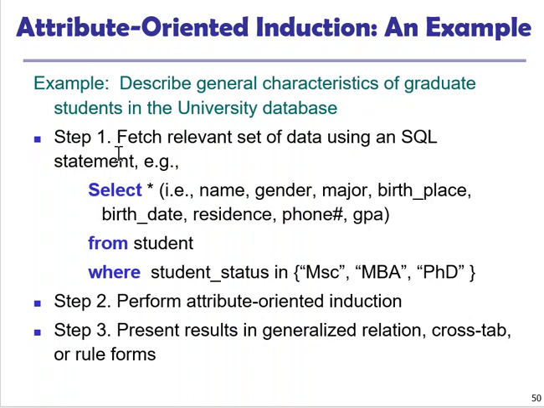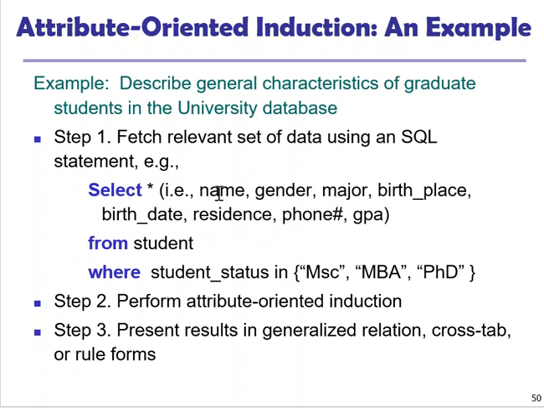Step one, we fetch the relevant set of data using an SQL statement, assuming this university has all the information related to students in one table, which is commonly not possible. You will have to select from multiple tables using a whole set of join statements, joining on student ID, so that you can gather all the information from different tables.